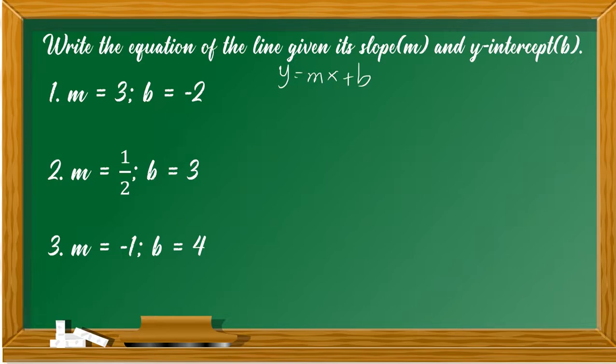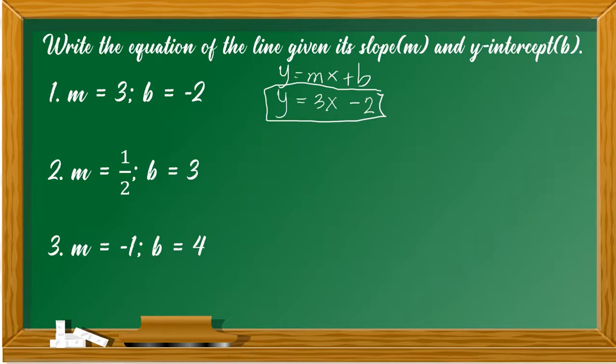In this case, we now have y equals 3x, and b is negative 2, and so this is the equation of the line whose slope is 3 and whose y-intercept is negative 2.